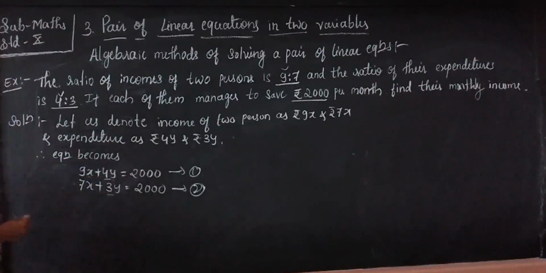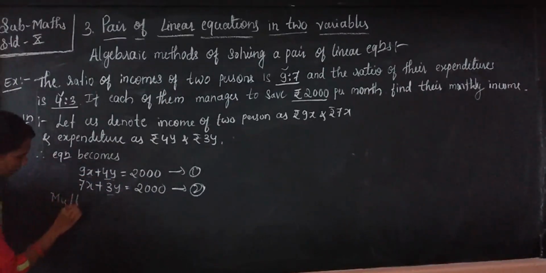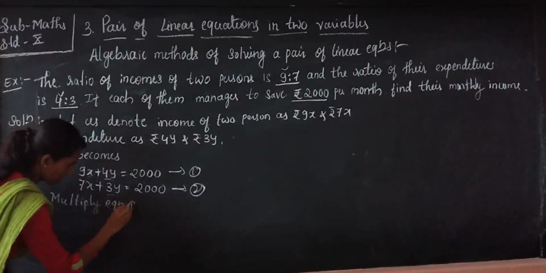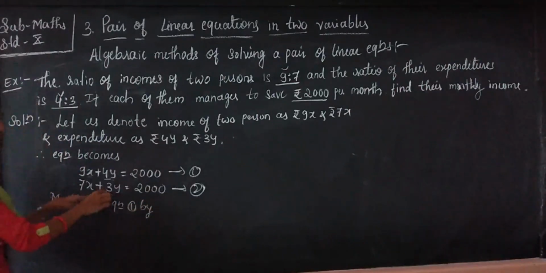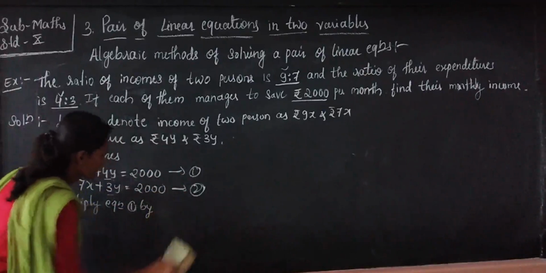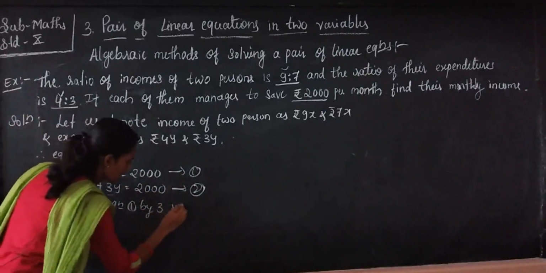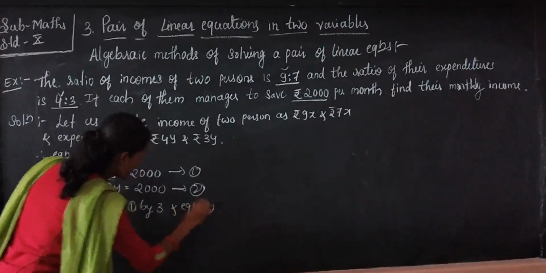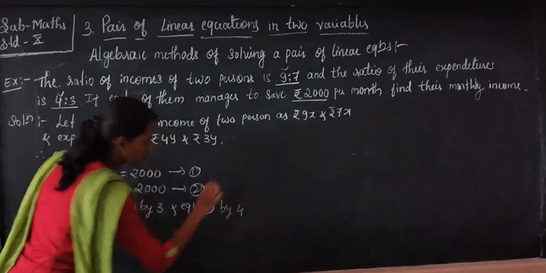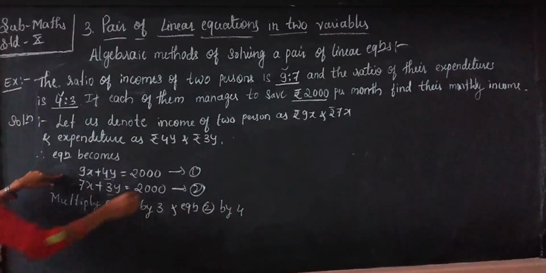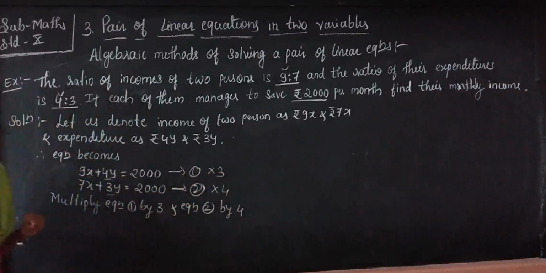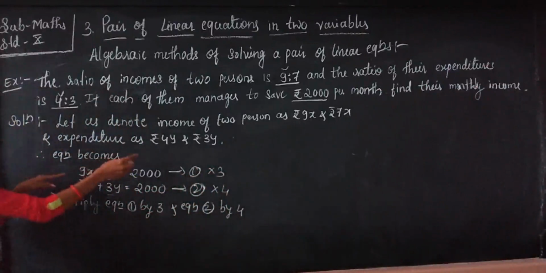So that's why we multiply equation 1 by 3 and equation 2 by 4. So the first equation we multiply by 3 and the second equation by 4.